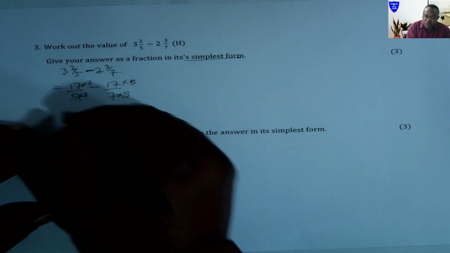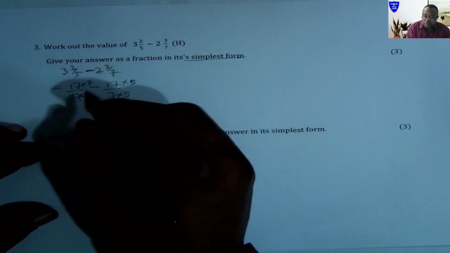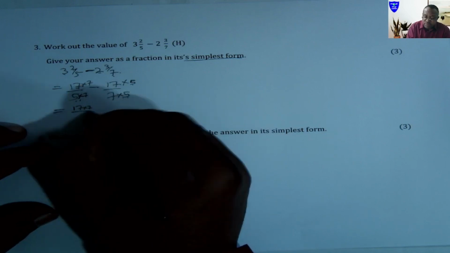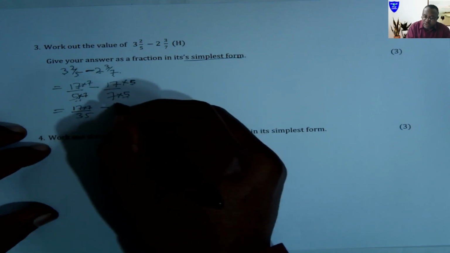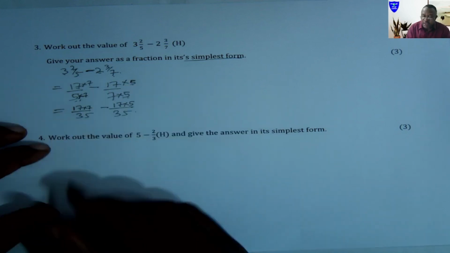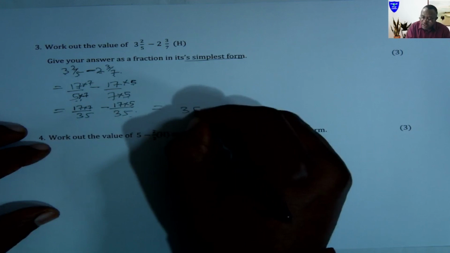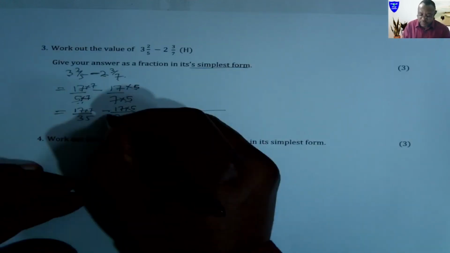So what we're going to end up having here is 17 times 7 over 35 minus 17 times 5 over 35. Now that you've got the same denominators, guys, you retain that denominator because it's common for both fractions.